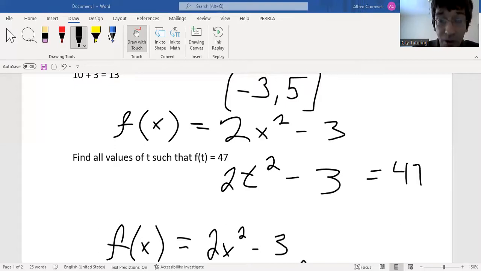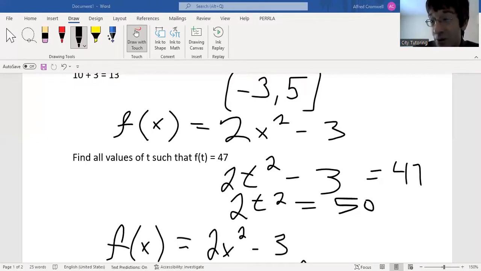Well, you know the drill. This is a basic equation. You add the 3 to both sides. You now have 2t squared equals 50. And you can simplify. You divide by 2 on both sides.